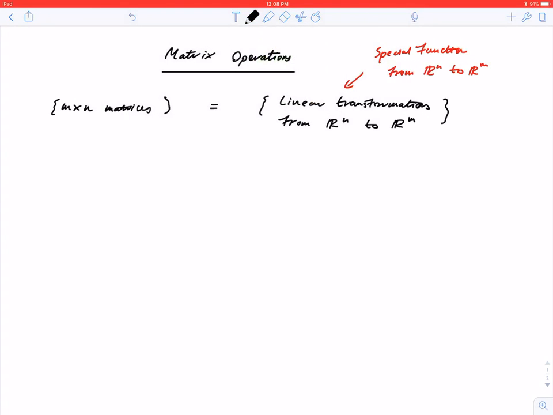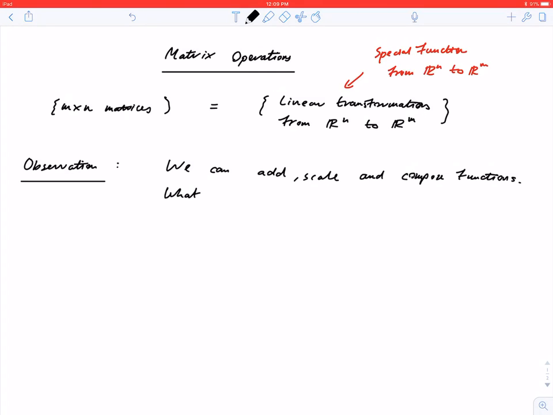So the idea behind today's lecture is the following observation. We can add, scale, and compose functions. What does this correspond to on the matrix side?